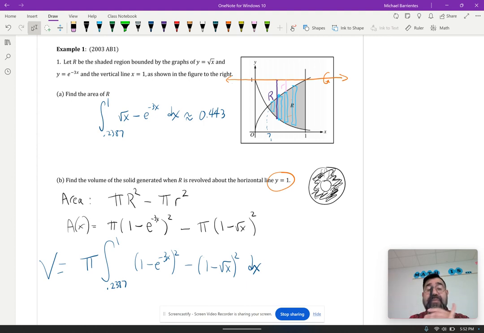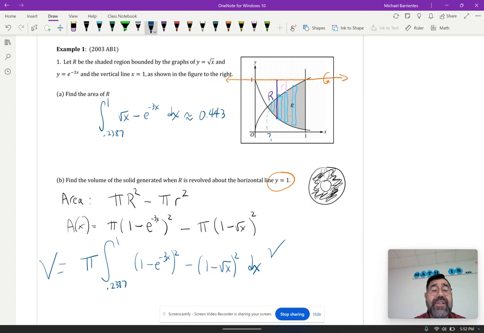And the second thing is I need to figure out, do I have a disk, where the shaded region is right up against the axis, or do I have a washer, where there's space in between, so when I make a slice, it looks like a washer with an empty hole in the middle? This is the setup we need.